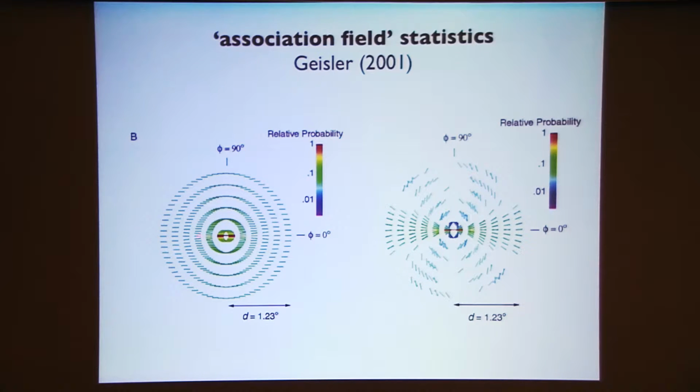So basically what you can see is that very close to the unit, you see this kind of collinear dependency. And if you normalize that in a different way, you get what he called the co-circular dependency, where you find a bunch of edge elements here that tend to lie on common circles. And this all just falls out of the statistics of contours as they appear in natural scenes.